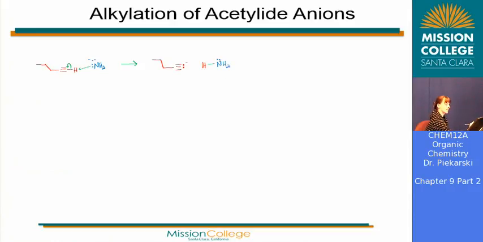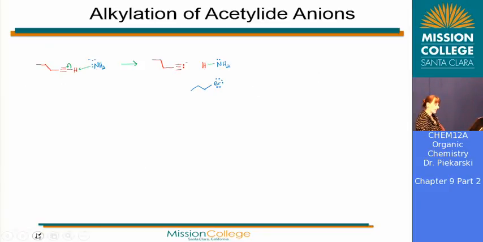There we go. Okay. Now the second ingredient we have to add is an alkyl halide, and preferably it has to be a primary alkyl halide. So I'm going to draw a primary alkyl halide. So I have propyl bromide here. And that anion is the nucleophile.